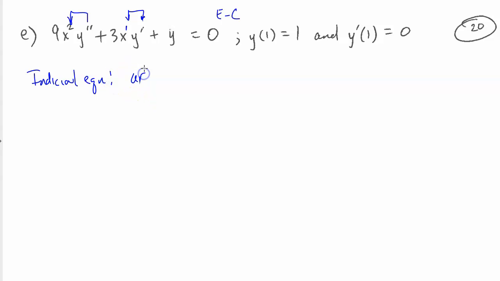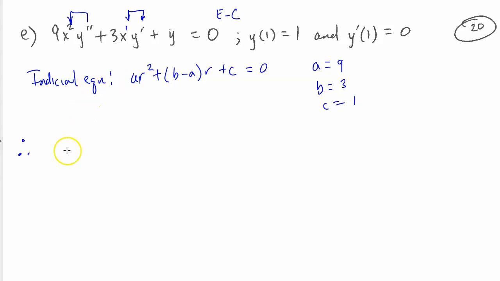in general will be a r squared plus b minus a times r plus c is equal to 0, where a in this case is 9, b is 3, and c is 1.